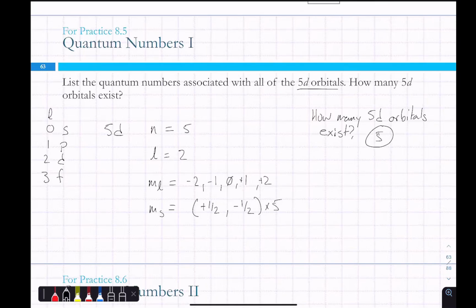How many total orbitals should there be in the n equals 5 level for principal quantum number? 25. So the total orbitals would be n squared. So 5 squared would be 25.